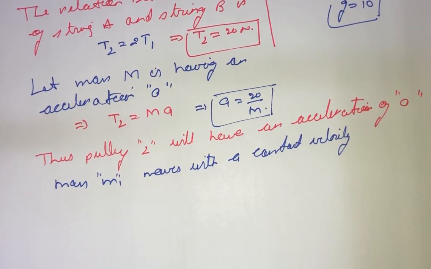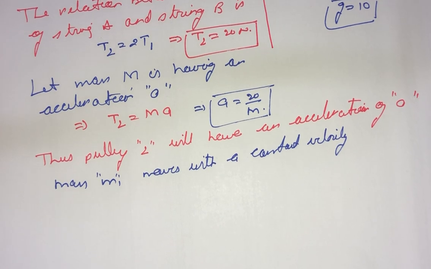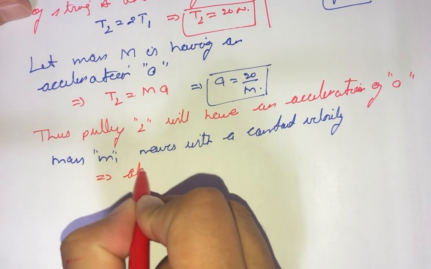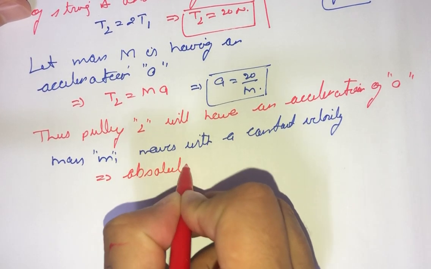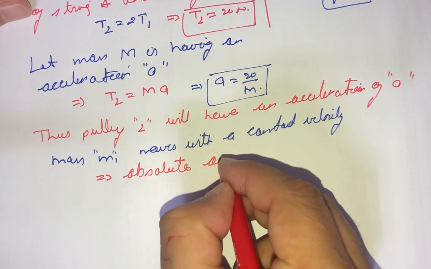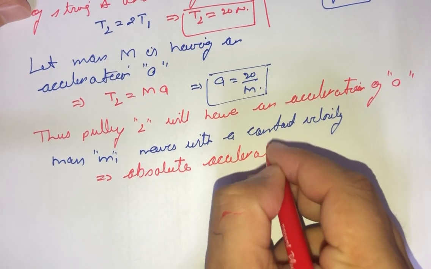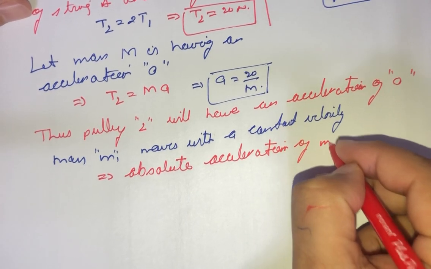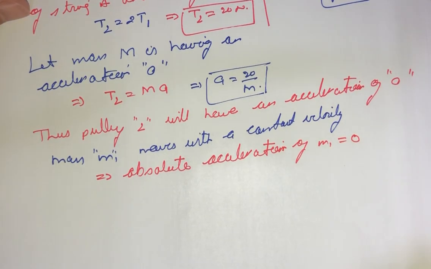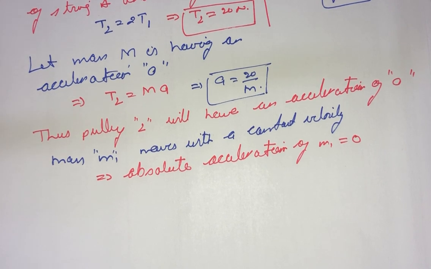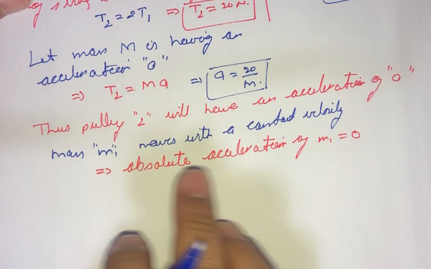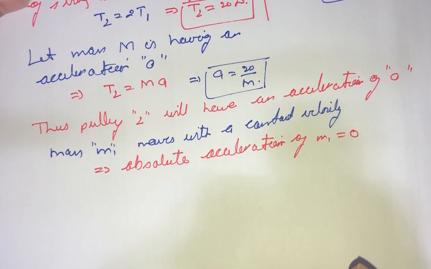From here we can say that the absolute acceleration of mass M1 is 0. Based on this we can find the relative acceleration of M1.